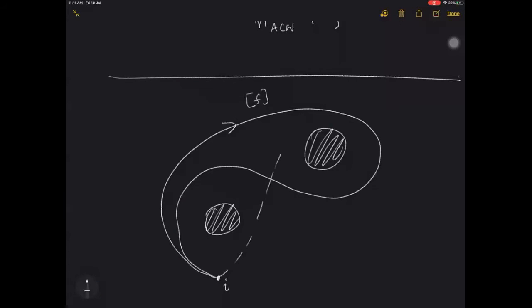So if I think about another curve, which is this, okay? Right? So let's call this G, okay?